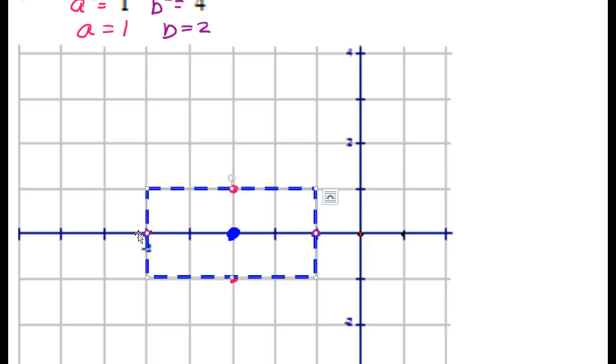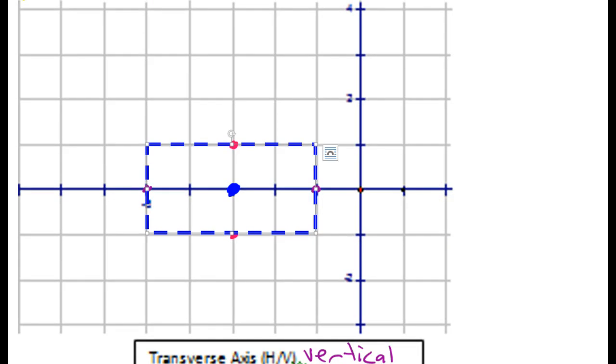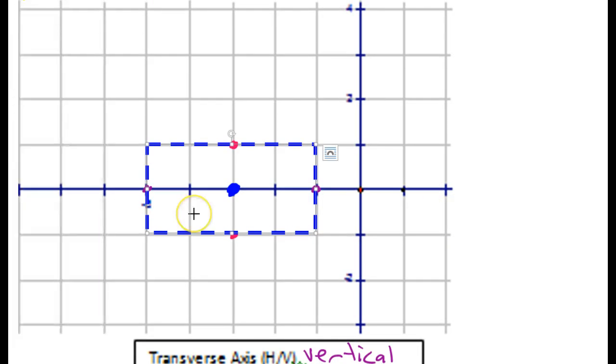Okay, draw it as a dotted line. This rectangle is important because it reveals the asymptotes. The asymptotes will pass through the diagonals of this rectangle.